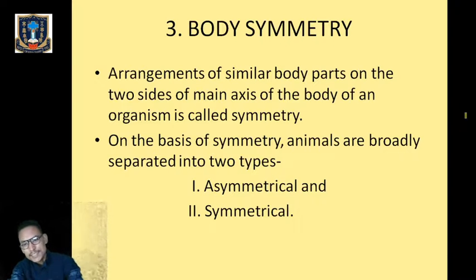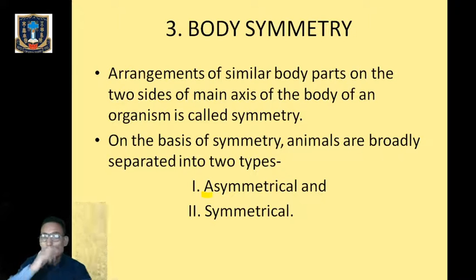From the name only, asymmetrical, as I have taught you, A means no. So asymmetrical animals cannot be divided into two equal halves, whichever plane or direction we cut from. Whereas symmetrical animals can be divided into two equal halves.